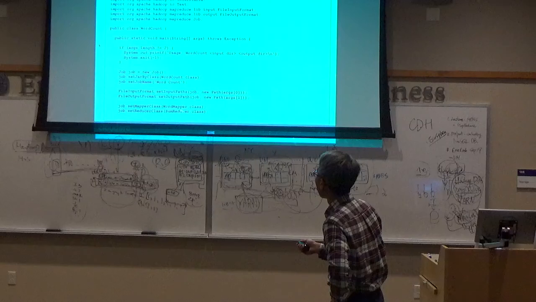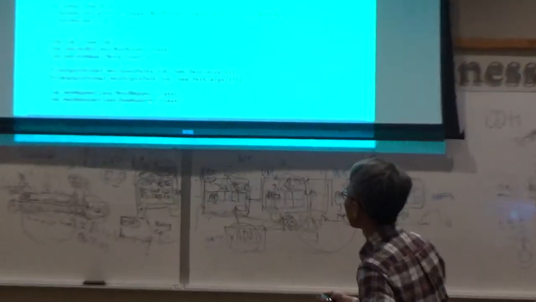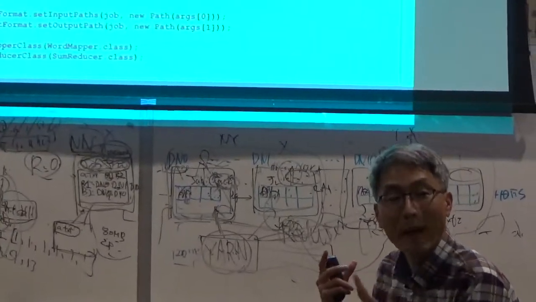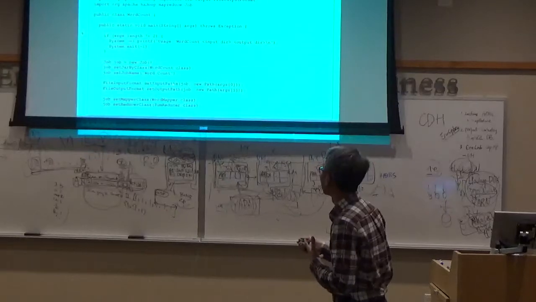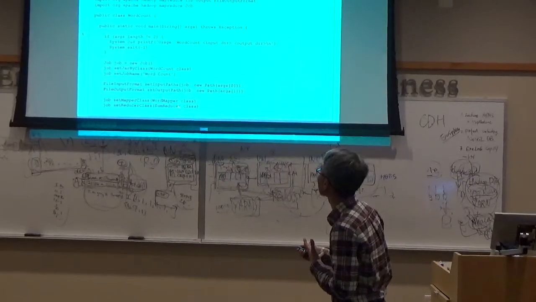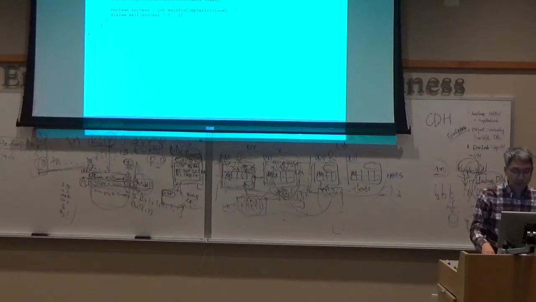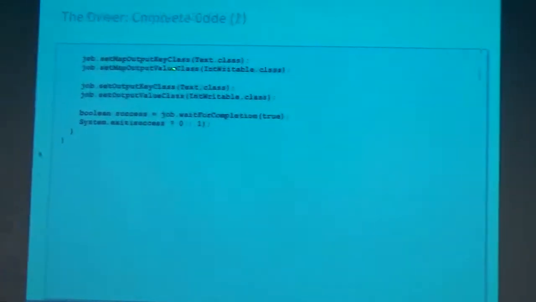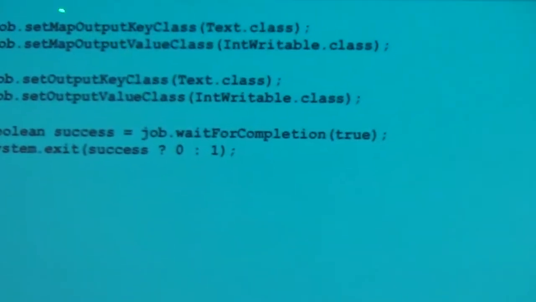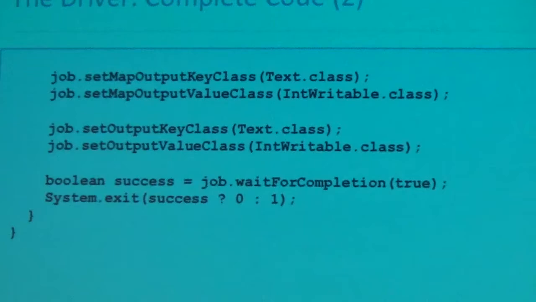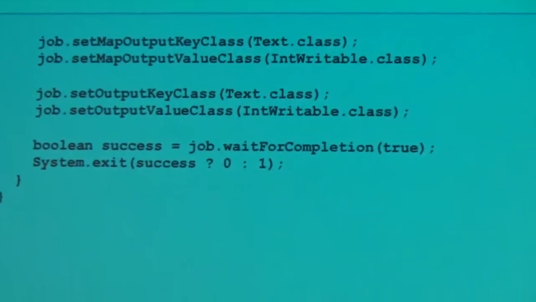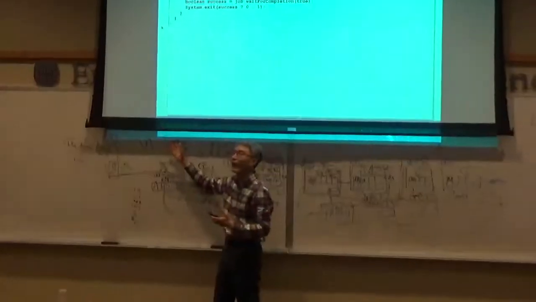Then we have the driver, with the word mapper and the sum reducer. We have the Java file, the mapper class and the reducer class. Then we define what the key and the value of the mapper are. The most important part of MapReduce is defining the key and value.